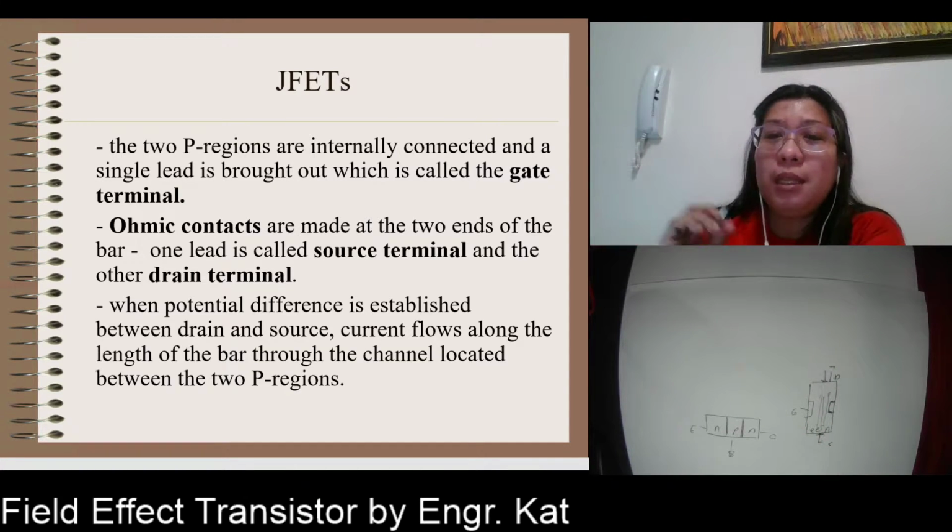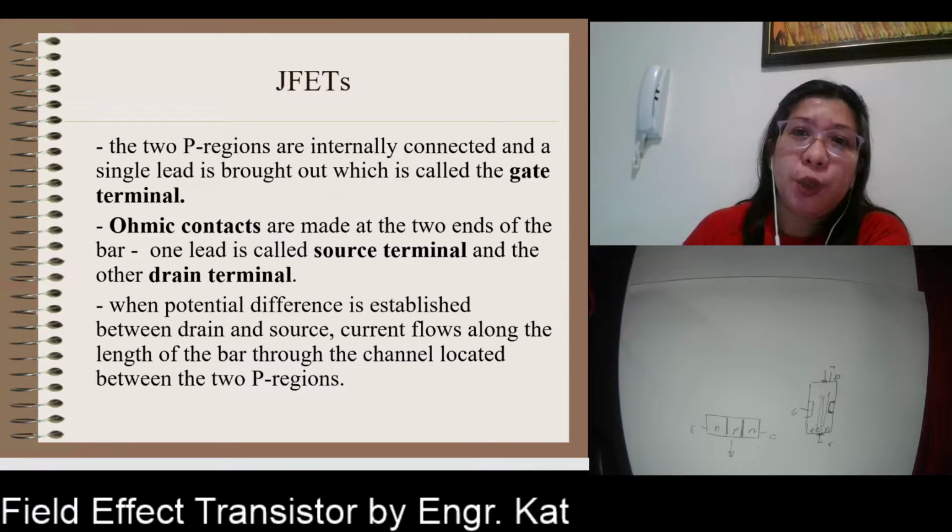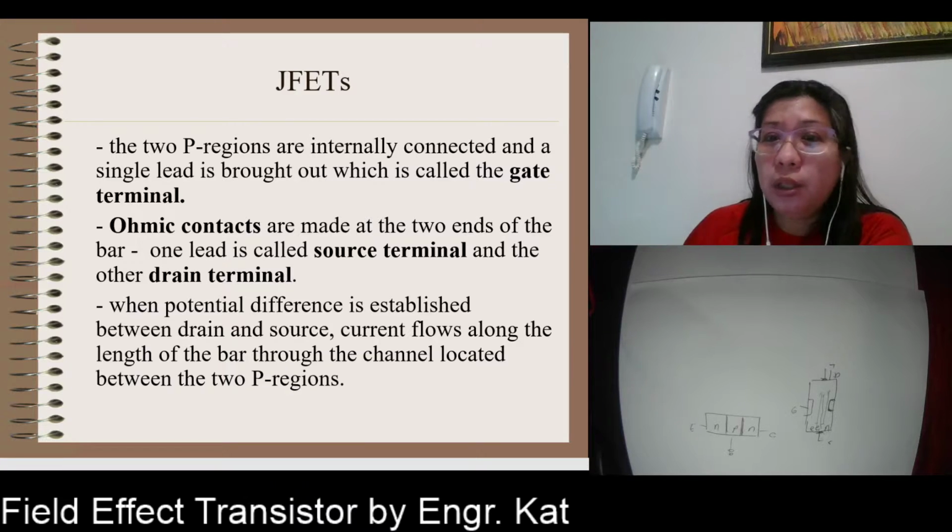This is why we call this a unipolar device. Why unipolar device? Because upon the operation of your transistor, where is your current flowing? What type of majority carrier is present? The type of majority carrier that is present is just electrons.